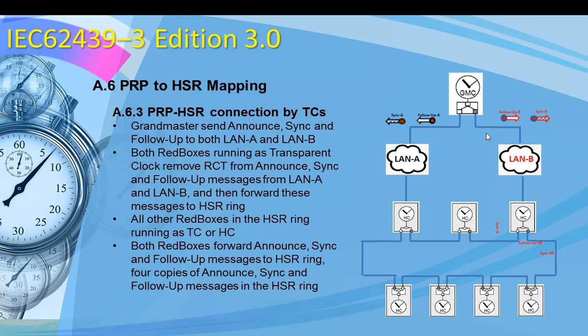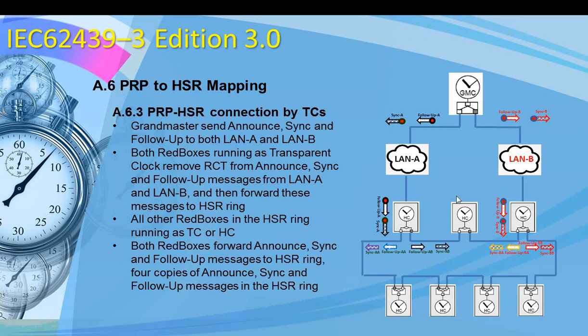This is the workflow. The grandmaster sends out sync and announce to line A and line B. Line A and line B forward sync message A, follow-up A, and sync B and follow-up B to the two transparent clocks.